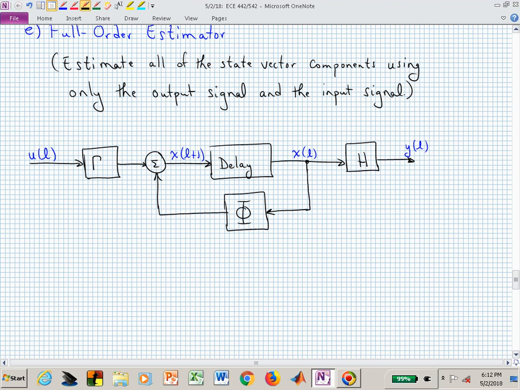If we know phi, gamma, and H, what's to stop us from putting all of those into a computer, into a microcontroller, and basically trying to numerically generate this block diagram? Isn't that okay?